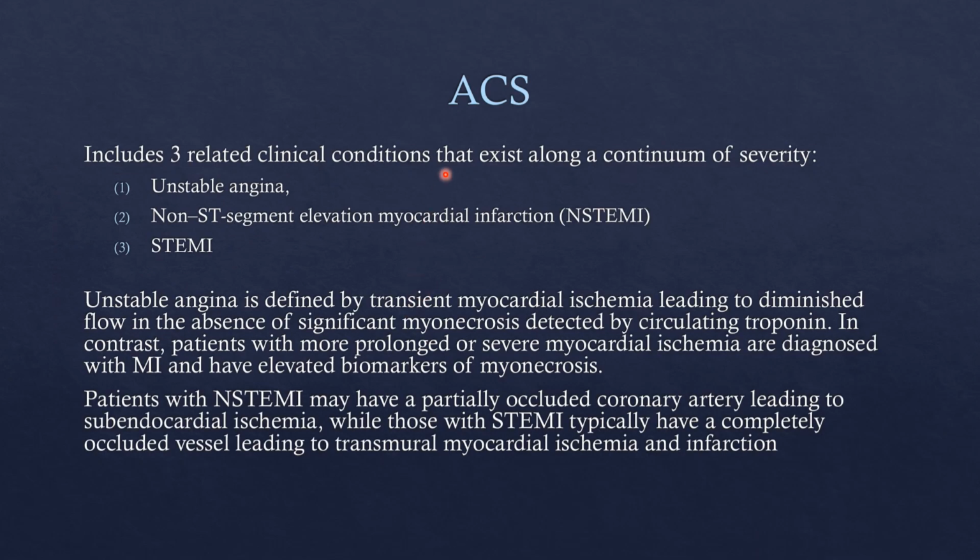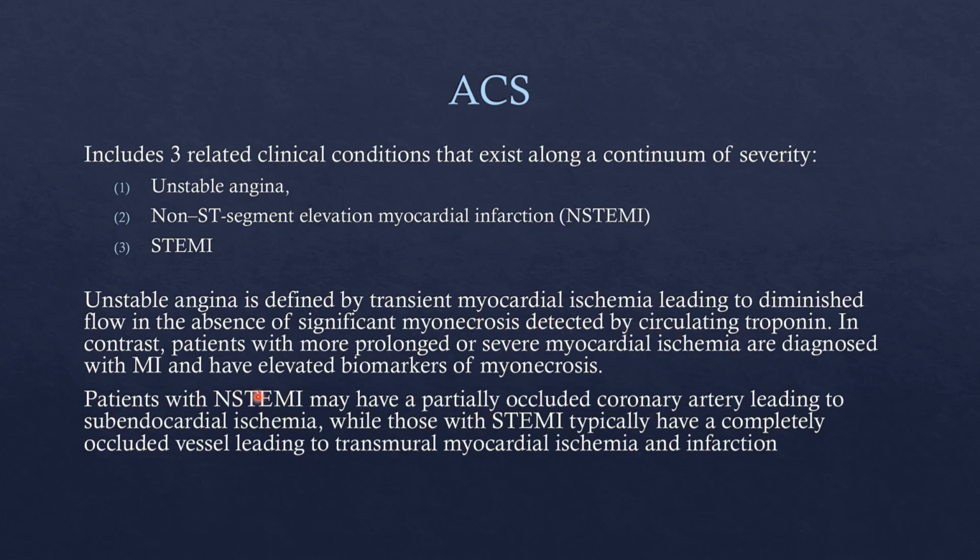So coming to the ACS. ACS generally includes three related clinical settings that exist along a continuum of severity. These are unstable angina, non-ST elevation myocardial infarction, and ST elevation myocardial infarction. One thing that one must always remember is that unstable angina is defined by transient myocardial ischemia leading to diminished flow in the absence of myocardial necrosis, and it cannot be detected by circulating troponins.